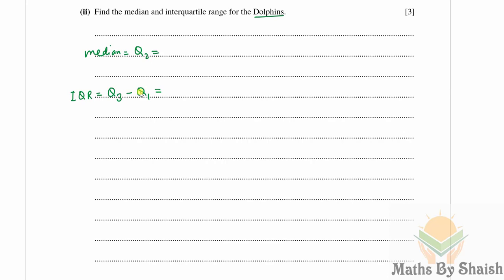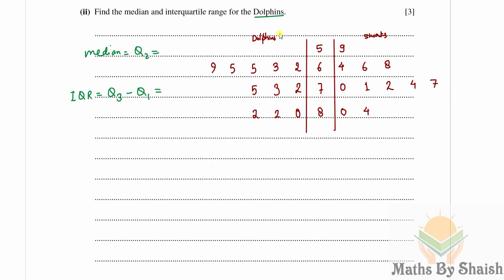First of all, for this we need to see the stem and leaf diagram, so let me bring it here. In the dolphins, or in the sharks, there are 11 data. For the median we calculate 11 by 2, that is 5.5, which is less than 6 and greater than 5.